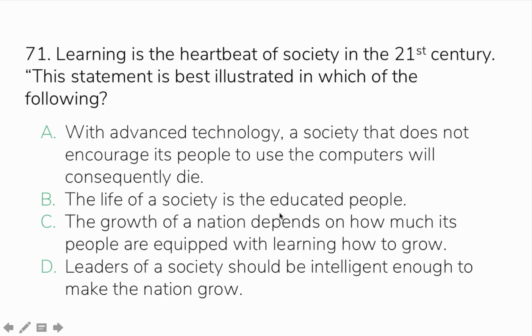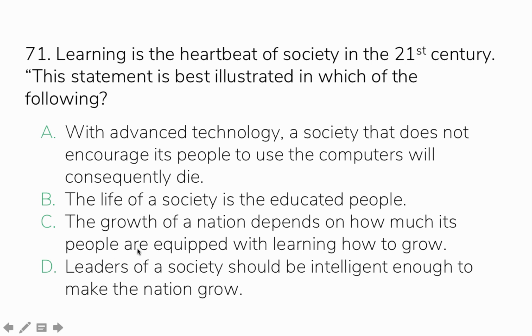Sometimes it's the educated people who cause so much corruption in our society. Matalino eh. Magaling mang-corrupt para silang mga bituin. Corrupt ng corrupt. In option C, if people are equipped not only with knowledge, but the knowledge how to grow, then its nation has more chances of developing.